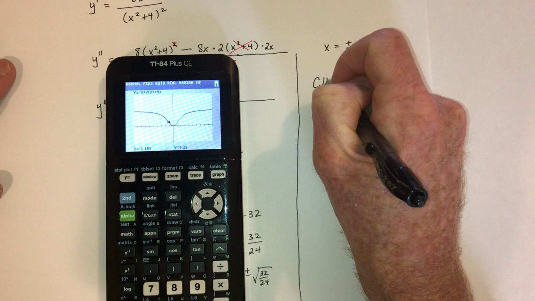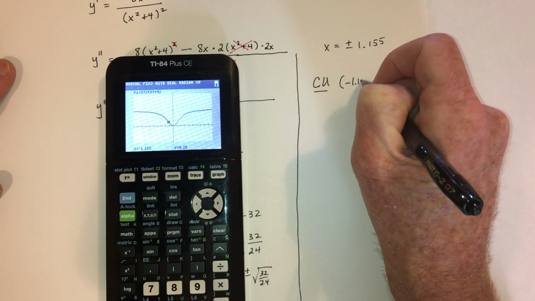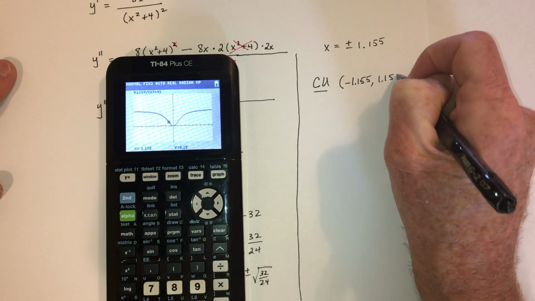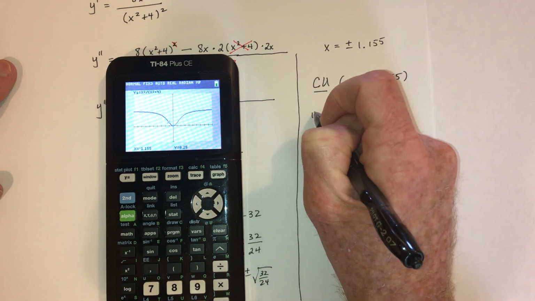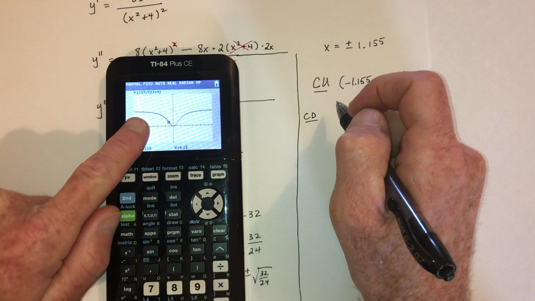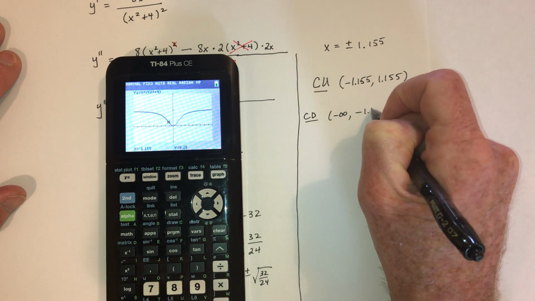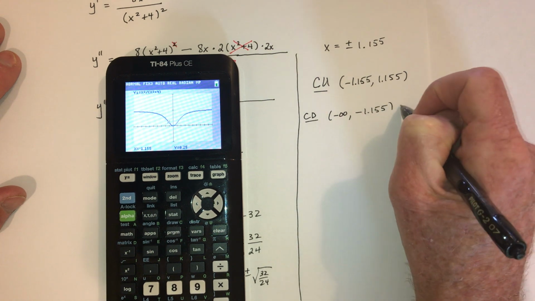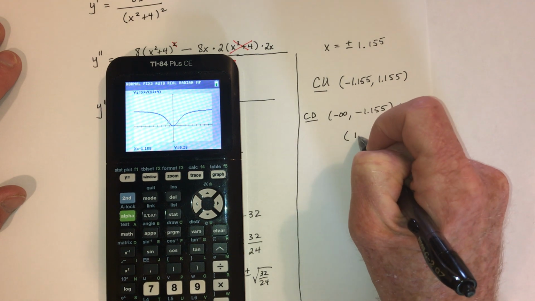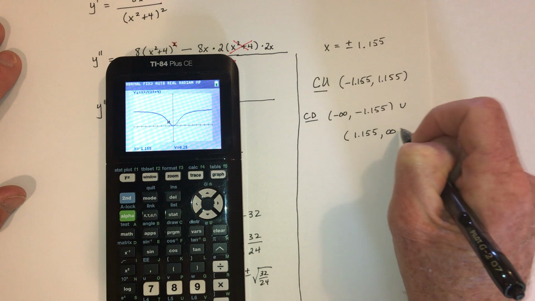So for concave up, that's between the negative 1.155 and the positive 1.155. And for concave down, that would be this left side from negative infinity to negative 1.155 union this right side, which goes from positive 1.155 to infinity.